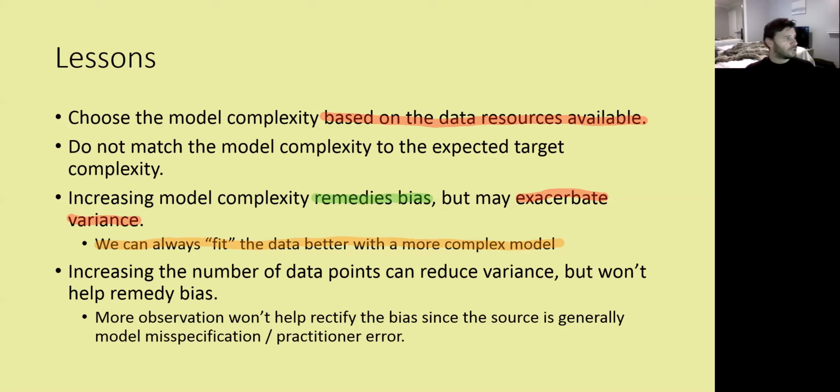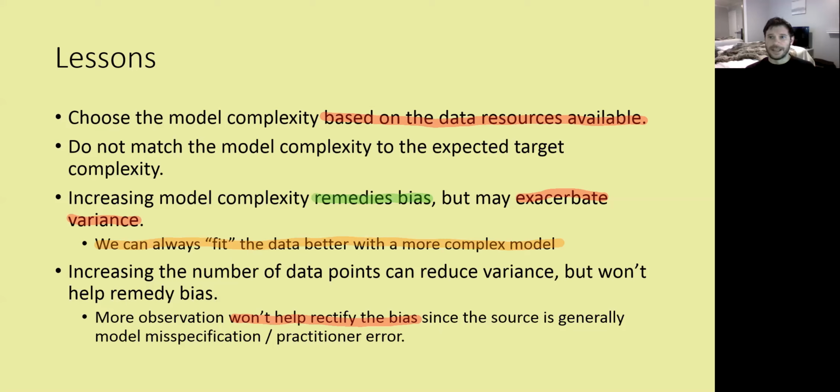But keep in mind, doing that will not actually help you remedy bias. It will not help rectify the bias problem. Bias is related to your model not being specified properly. So bias is really a problem potentially with undercomplexity. Variance, on the other hand, is a problem that you face with overcomplexity, but you can remedy variance by recruiting more data, by using more observations. Okay, so if you had a question in an interview and they ask, how do you reduce the model variance?